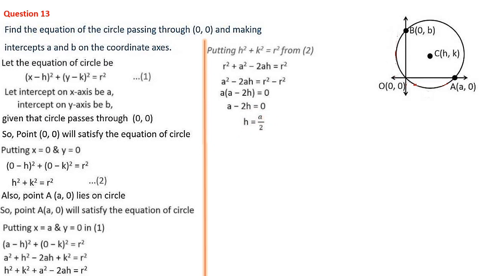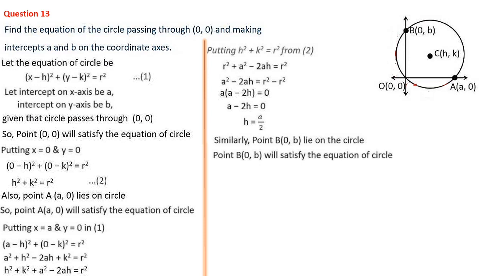Then we have taken only one point, a comma 0. One more point is there, 0 comma b. The circle is passing through this point as well. That means this point will satisfy the equation of the circle. We have to put x equal to 0, y equal to b. That means 0 minus h the whole square plus b minus k the whole square equal to r square. 0 minus h gives h square, plus b minus k the whole square equal to r square.